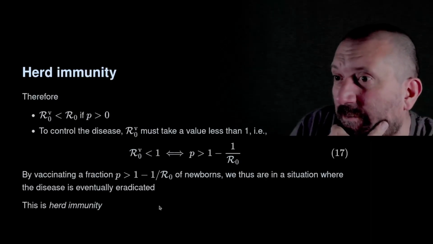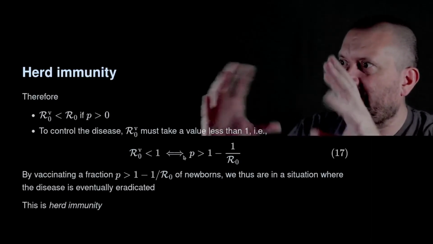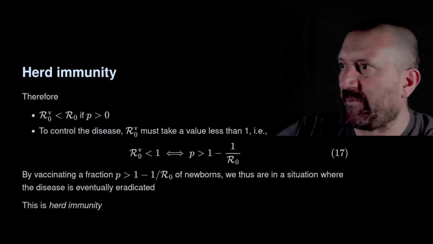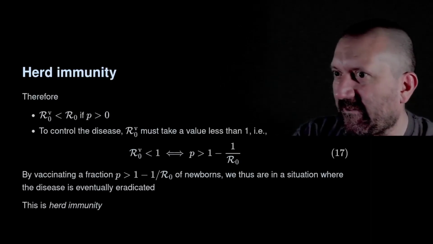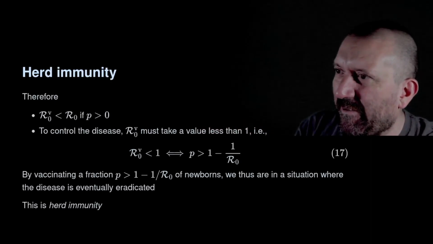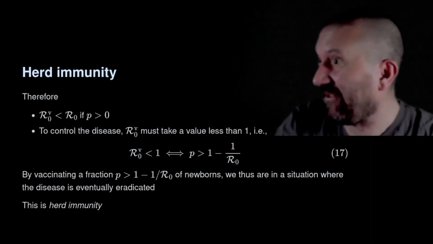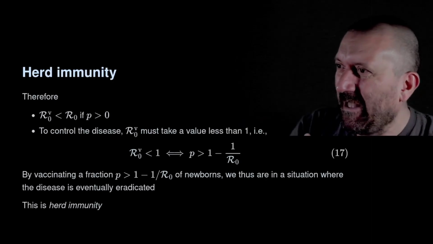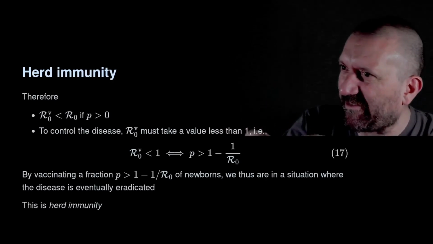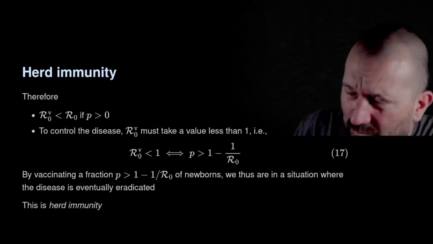And this is what we call herd immunity. The idea is that if you think about this well-mixed population of susceptibles and infectious individuals interacting together, I've removed many of my susceptibles. I've made them recovered, or vaccinated.